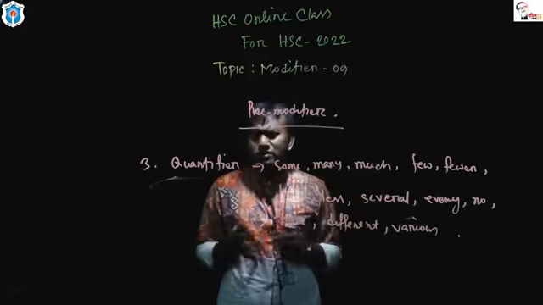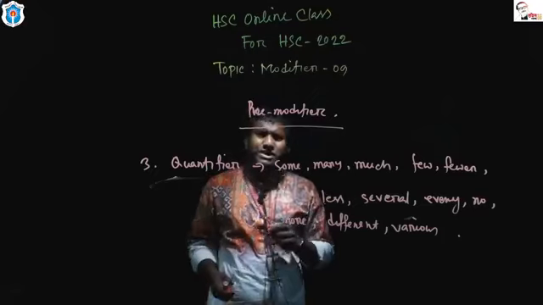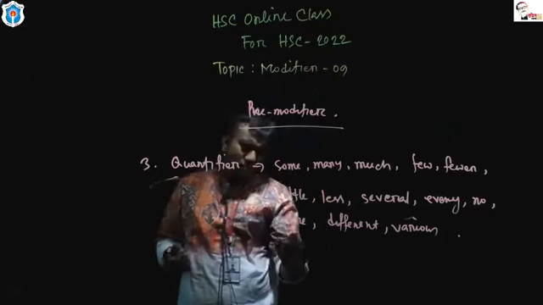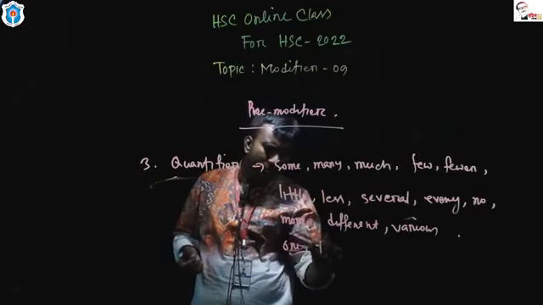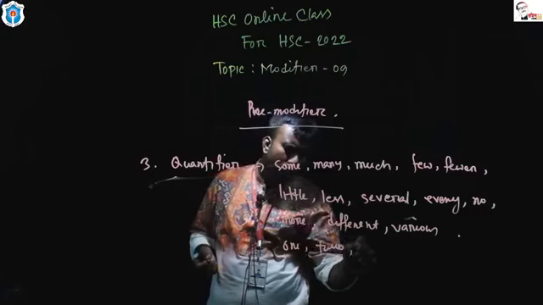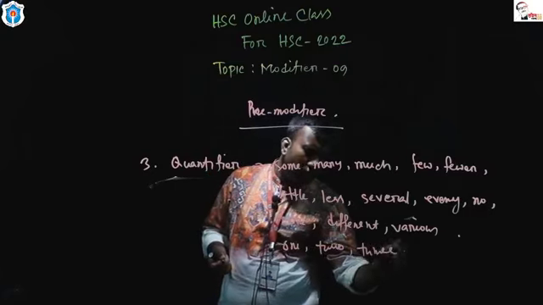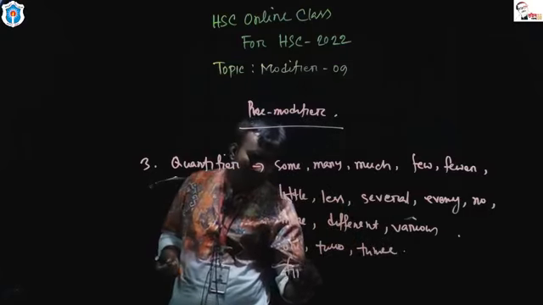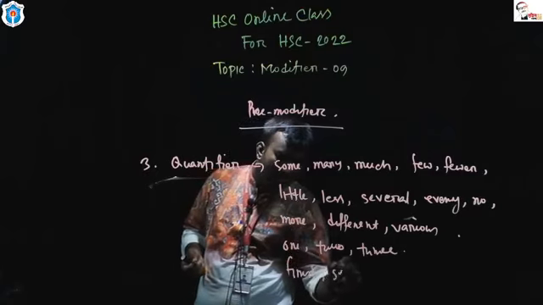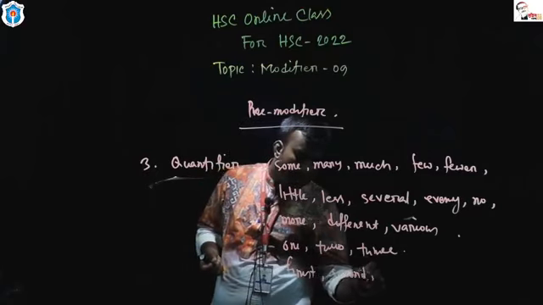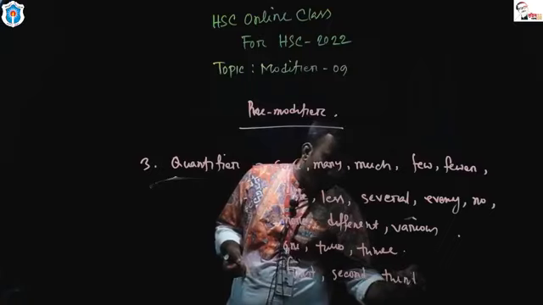There are some others who are also, and you know that there are some numbers, for example 1, 2, 3, first, second, third.